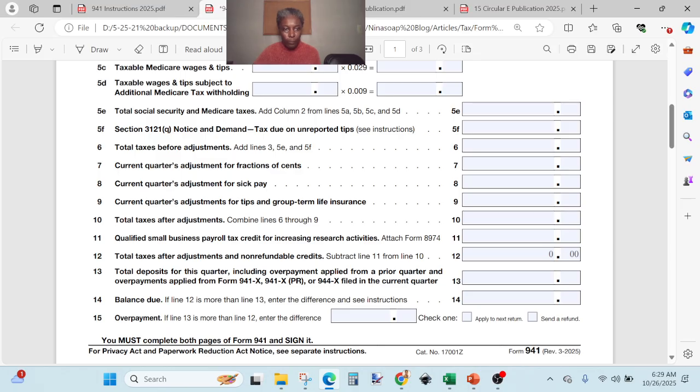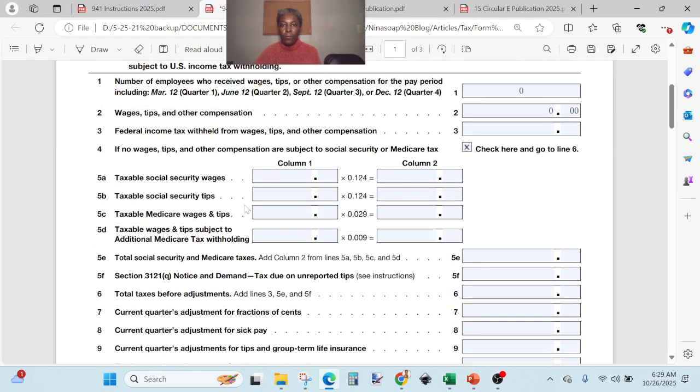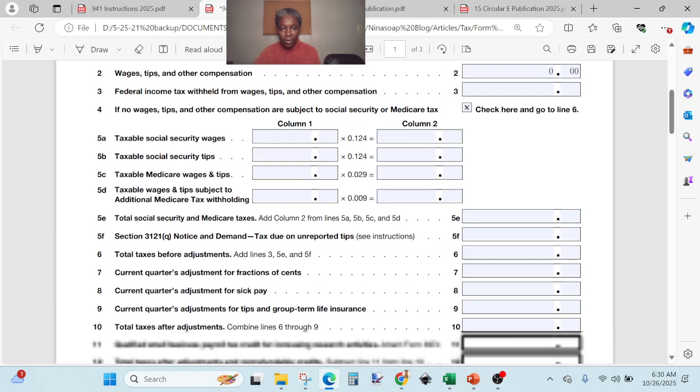Here it is 0. Line 13 is your total deposit, and deposit here is your payroll tax deposited, like the federal income tax withheld on line 3, the Social Security withheld from the employee's salary, your business contribution to that Social Security tax, your business contribution to Medicare tax, and the portion you withheld from the employee income as well, Medicare tax wise, and you deposited those to the IRS.